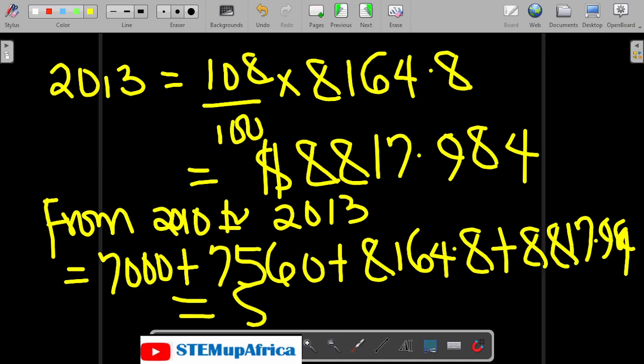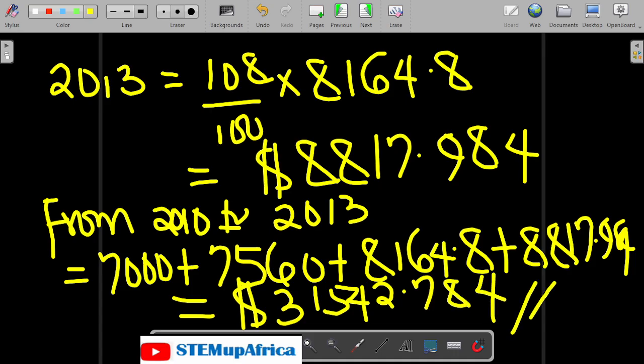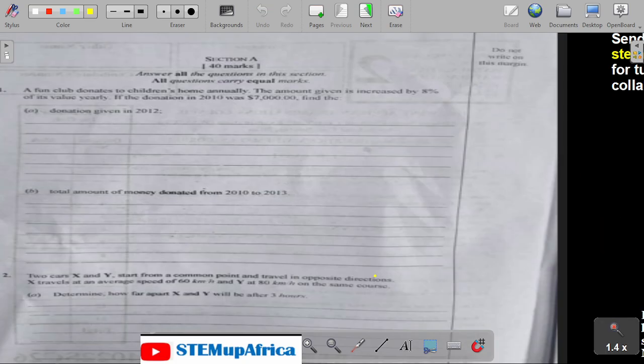If I add up, what am I having? 7,000 plus 7560 plus 8164.8. So the amount we're having from 2010 to 2013 is 31542.784. So this is the total answer. If you got this correctly also, meaning you're on track toward having an A or B.